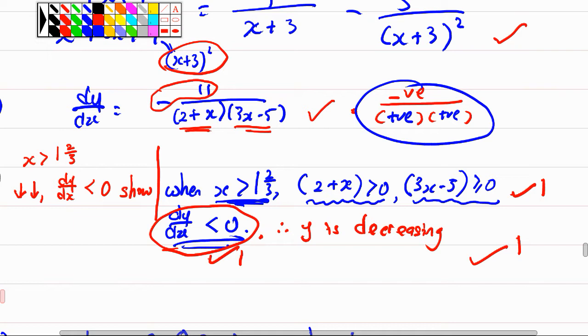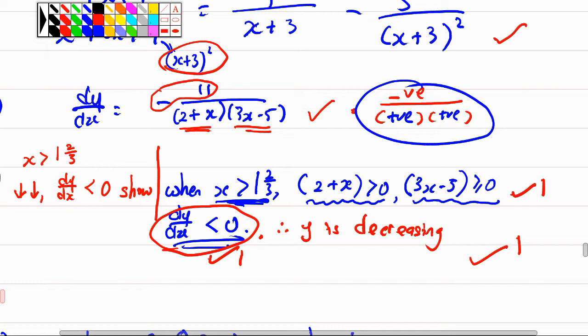What was this? No. Because this one is, you tell me it is less than 0. No, I didn't tell you. They say show that it's a decreasing function. They didn't say it is a decreasing function. So you cannot start with since this is less than 0, cannot.